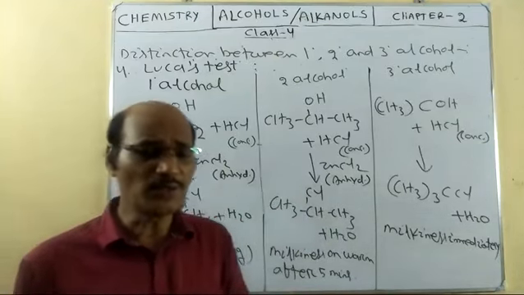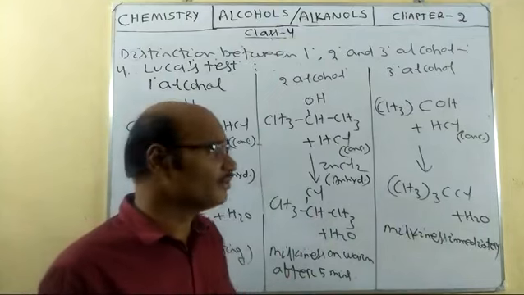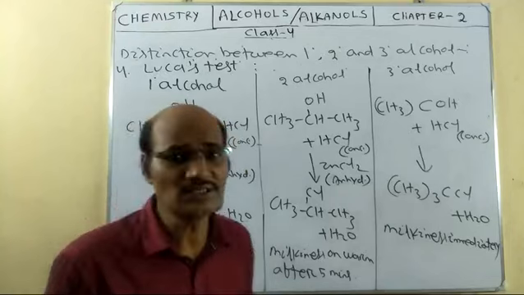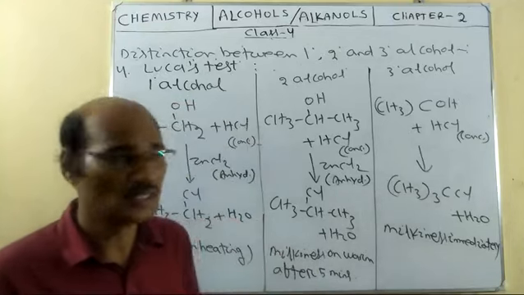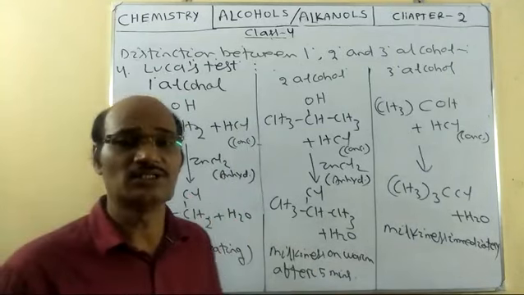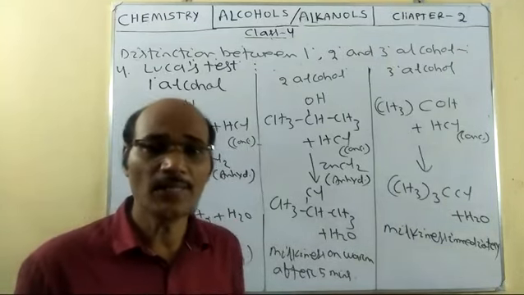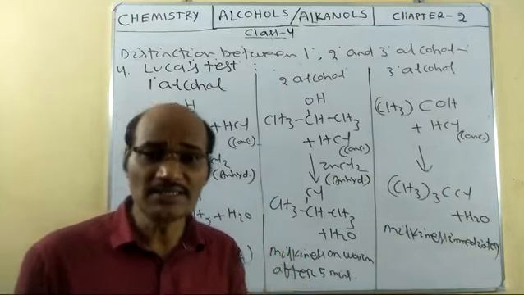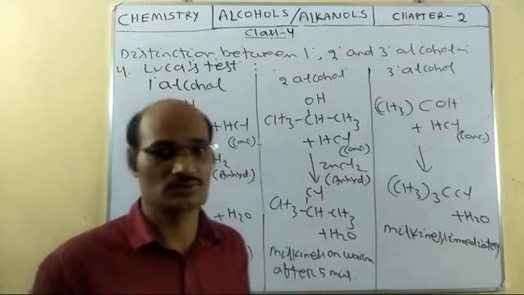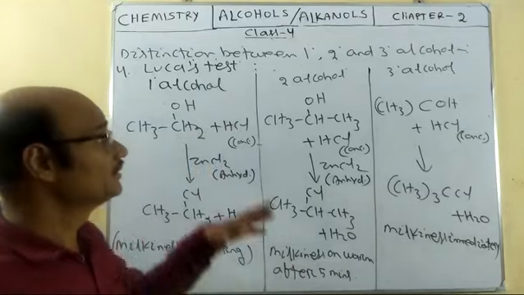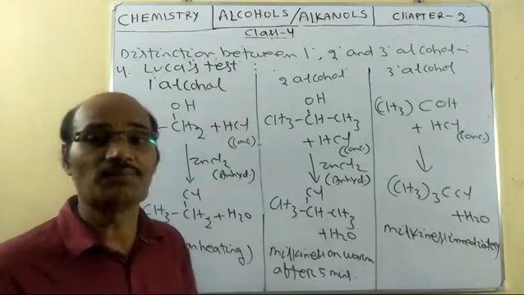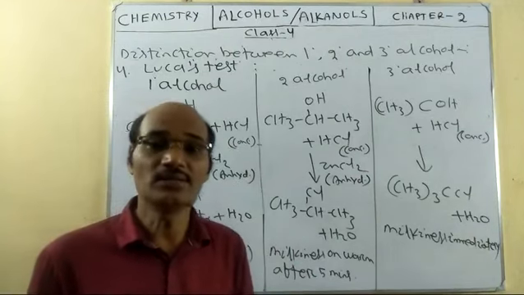So simply, if you take an alcohol and treat it with Lucas reagent, if immediately the milkiness appears, then it's a tertiary alcohol, and so on. So concentrated HCl and anhydrous ZnCl2 is known as Lucas reagent, and Lucas reagent has different action with different alcohols. So these are the different methods to distinguish between primary, secondary, and tertiary alcohol.